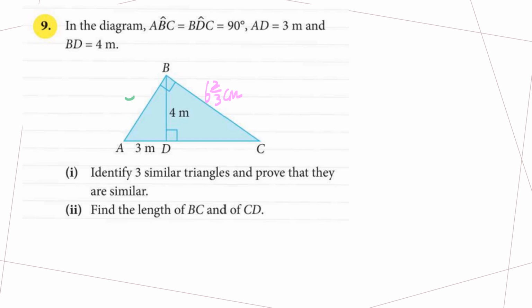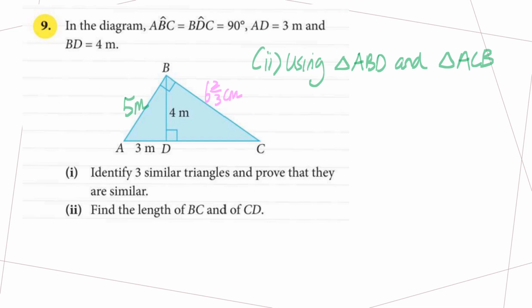Find the length of BC and CD. If you want to find the length of BC, then we will use the first pair of similar triangles we found early on, using triangles ABD and ACB. The question has quite a lot of scaffolding provided.